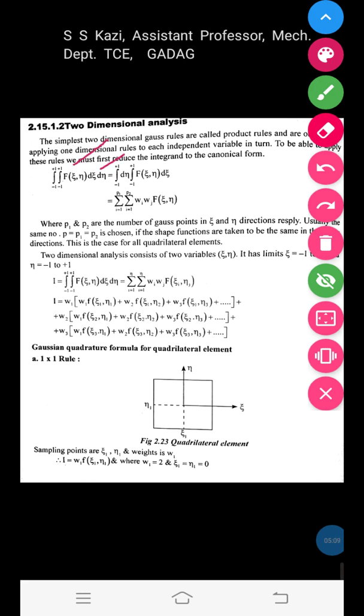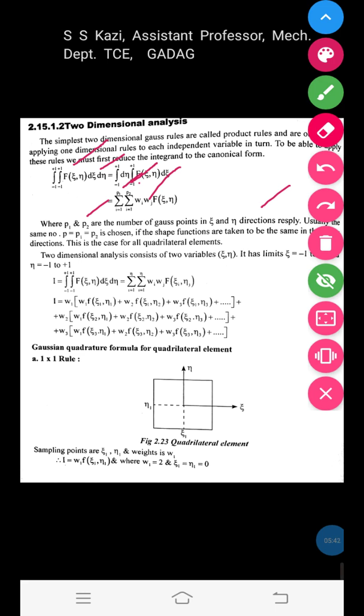With respect to zeta and neta, we will integrate, and this integral can be equated to the summation of wi wj f of zeta, neta, and the summation ranges over i equal to 1 to p1, j equal to 1 to p2, where p1 and p2 are the number of Gauss points in zeta and neta directions.